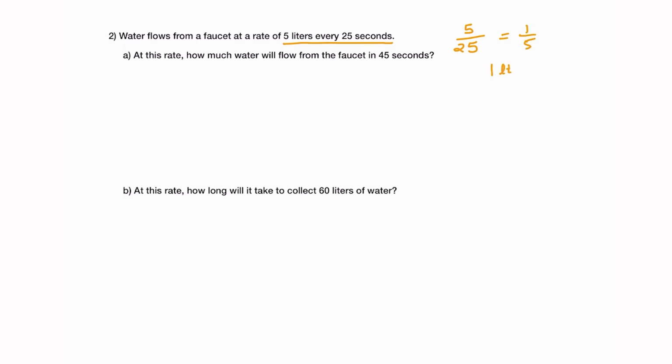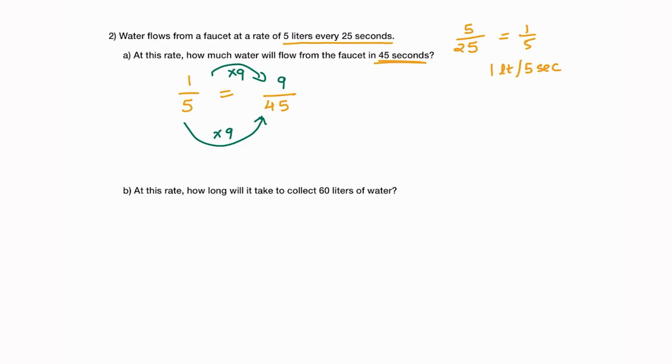That means 1 liter every 5 seconds, right? 1 liter per 5 seconds. At this rate, how much water will flow from the faucet in 45 seconds? So 1 over 5 equals to 45 seconds. So that comes here, right? Now we say 5 to 45 is times 9. So we do the same thing here, times 9. So this is 1 times 9, which is 9.